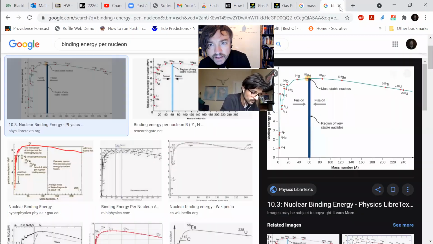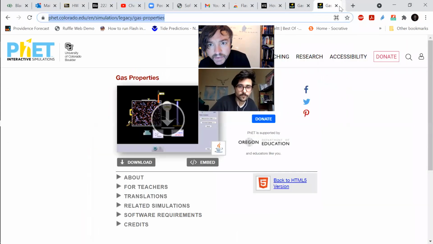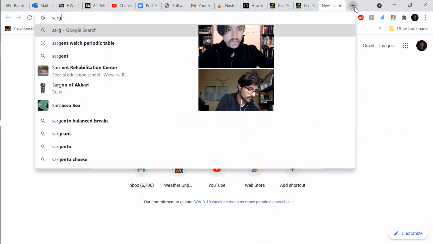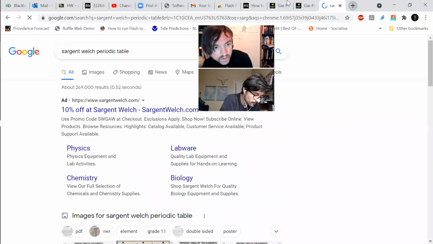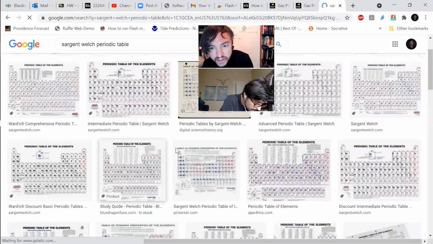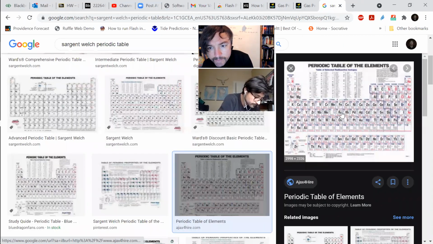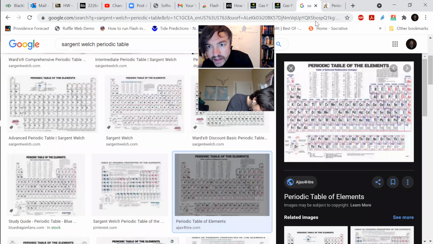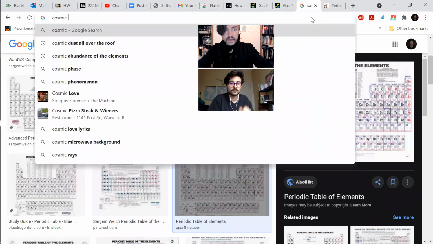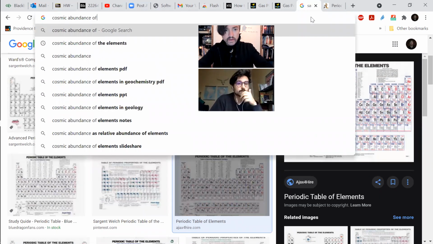Ooh, I would have liked to have that periodic table of the elements up here. Let's get that back. Sergeant Welsh periodic table. And this was the one. And let's also, while we're at it, look up another famous graph. I've got a slideshow for it. It's called the cosmic abundance of the elements.